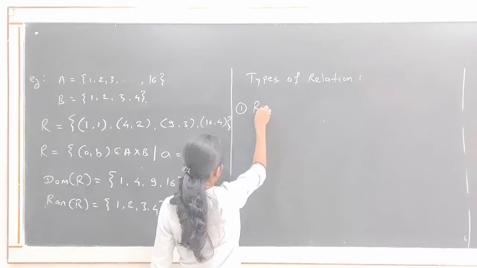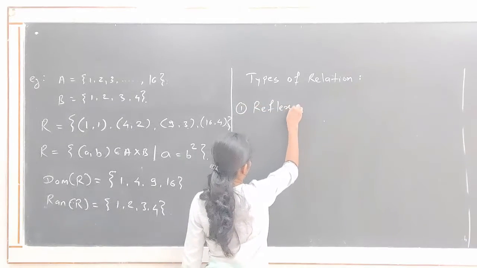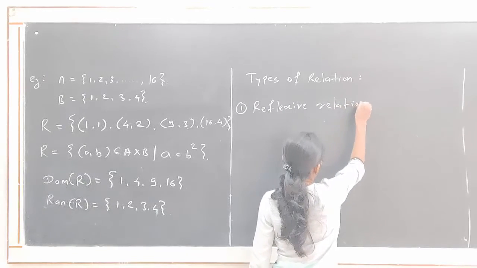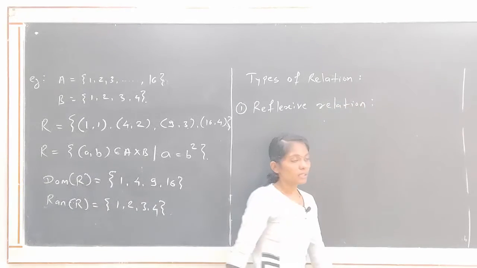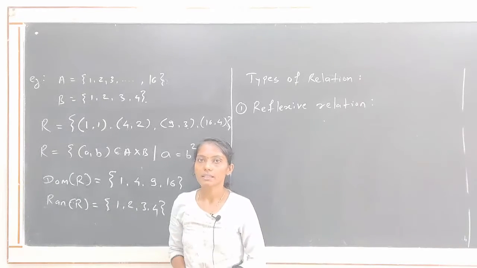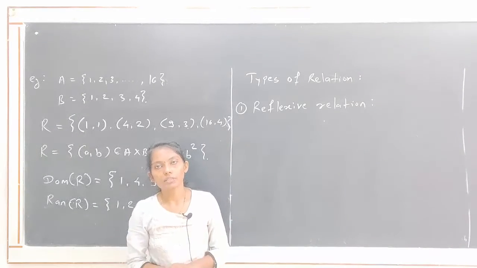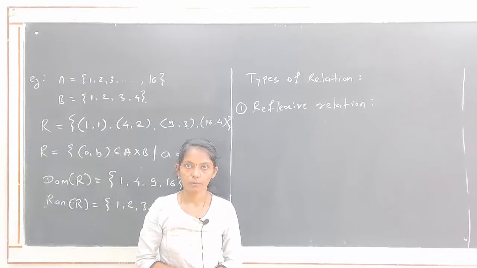First, reflexive. Here a relation where A is related to A itself is called a reflexive relation.